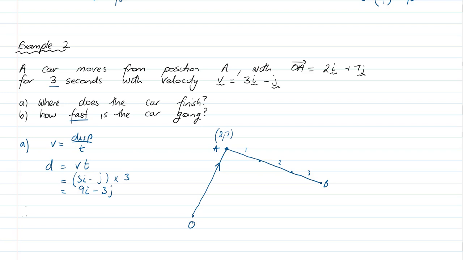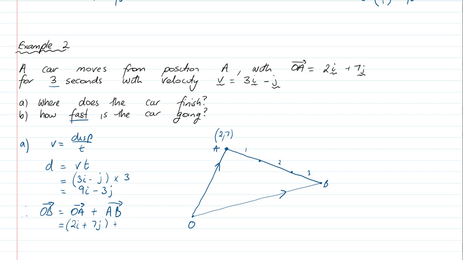So therefore, OB, let's define as a vector. OB will define where B is, and it's equal to OA plus AB. Now, OA is where it starts, so that's 2i plus 7j.